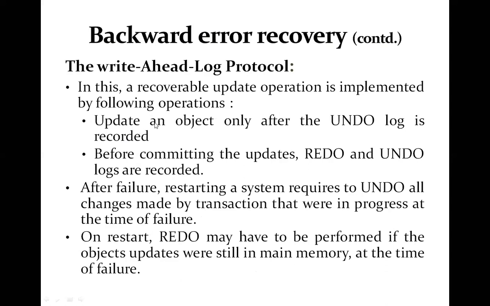The first is to update an object only after the undo log is recorded. And before committing the updates, redo and undo logs are also recorded. If this is done, then the deficiency we were looking at in the previous case, the updating in place scheme, can be overcome.